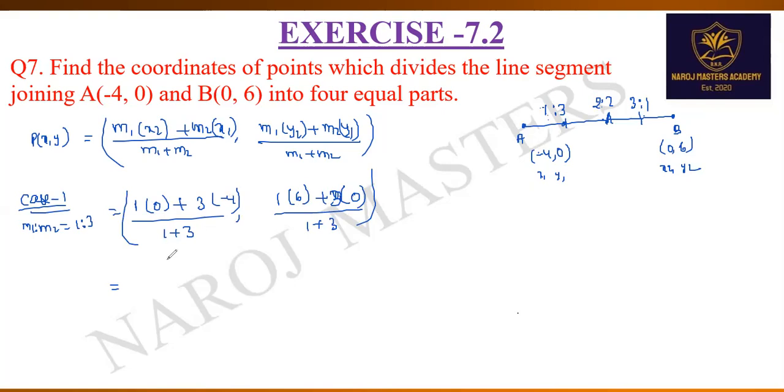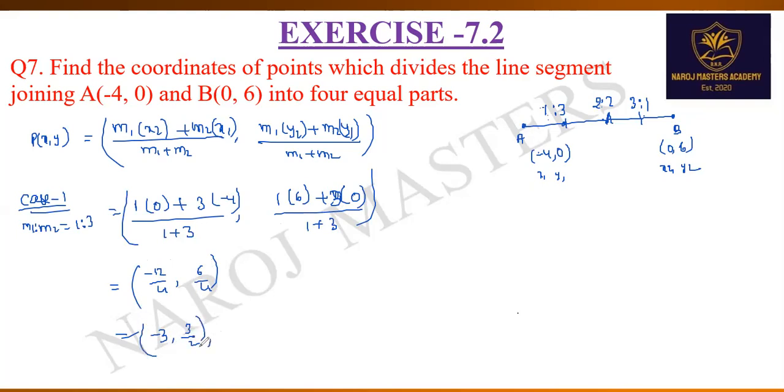So this is 0 minus 12 by 4, comma 6 plus 0 that is 6 by 4. So here 4 ones, 4 threes. So this is minus 3 comma 3 by 2.